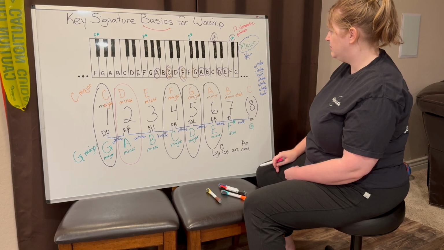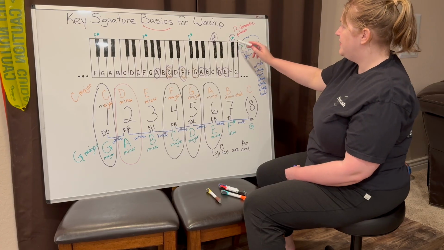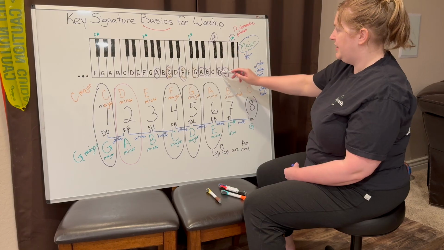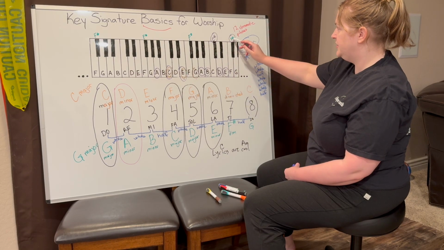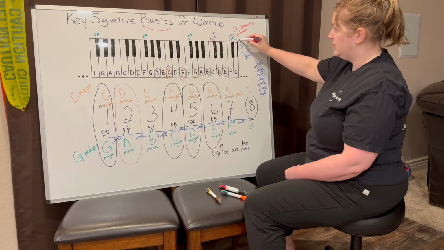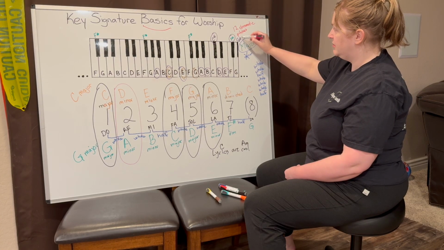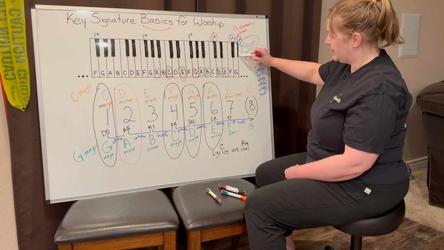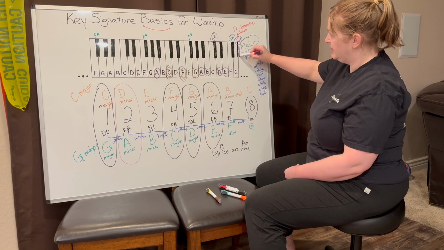I'm thinking, am I missing something? Oh no, we're good. So we had whole step, half step, whole step, another whole step, which means we're over here at a G sharp. Okay, that's this black one right here. It's kind of half cut off.